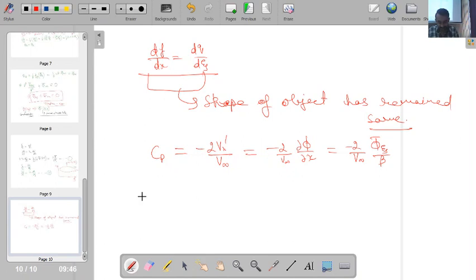Okay, so ultimately my Cp is becoming minus 2. What is phi bar zeta? Phi bar zeta is nothing but del phi bar by del zeta, and minus 2 by V infinity into 1 by beta. So ultimately it is becoming 1 by beta times of minus 2.